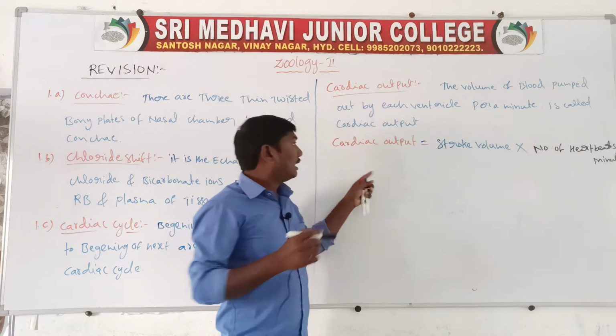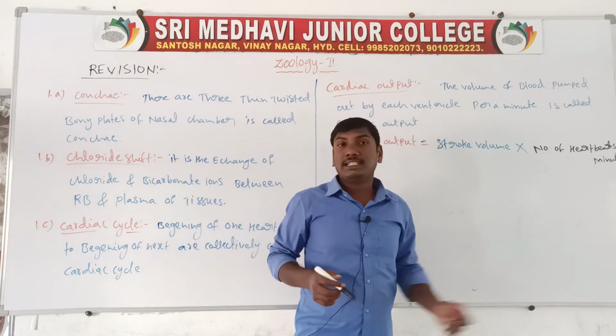So cardiac output means stroke volume times number of heartbeats per minute.